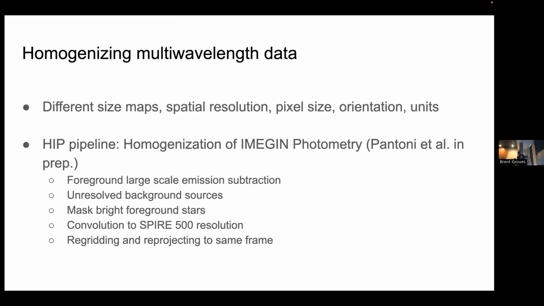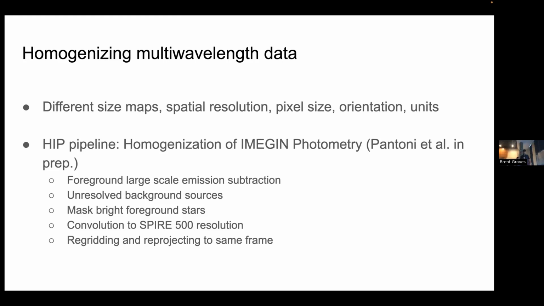As said, we wanted to do the SED fitting of the data pixel by pixel. This means that the fluxes we want to analyze must come from the same area of the galaxies and must relate to the same emission we are interested in. In this case, it's the dust emission. But the data set we are using comes from different instruments, which have different resolutions, different pixel scales, etc. So we first need to homogenize the data.